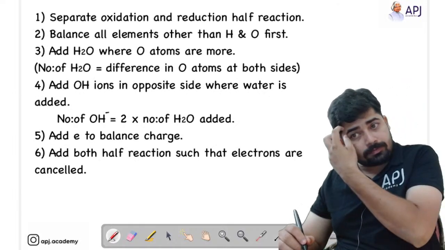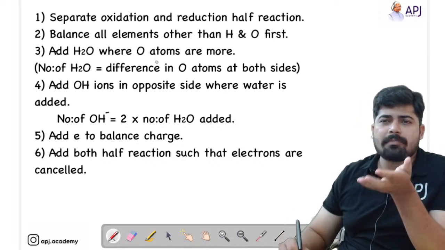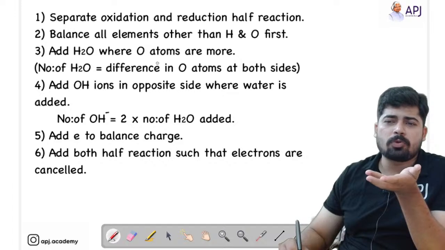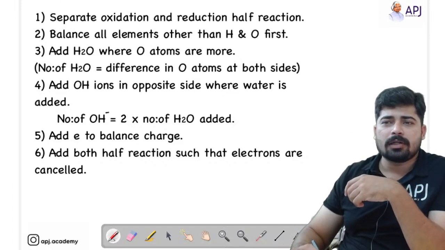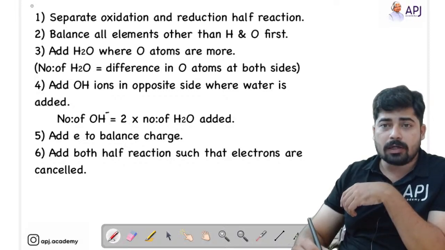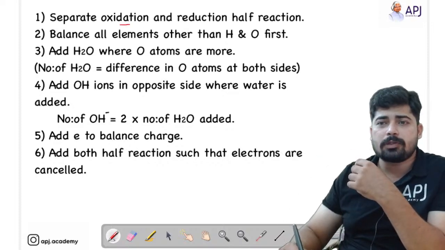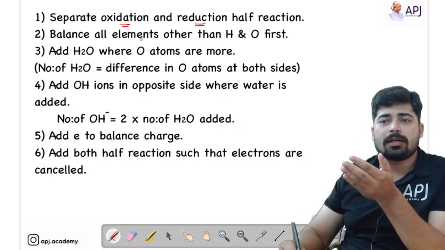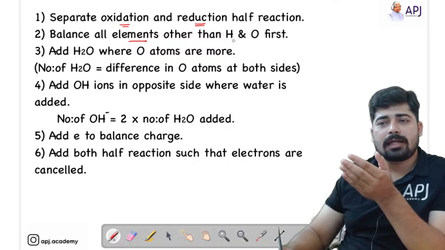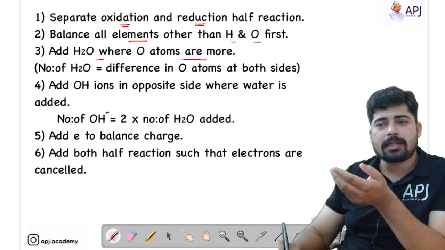Now let's check the steps on how to do this with the same method. We have to separate the oxidation and reduction half reactions. You will be given the redox reaction, and you have to separate the oxidation and reduction half reactions. Next, balance all elements other than hydrogen and oxygen first, and add water where oxygen atoms are more.